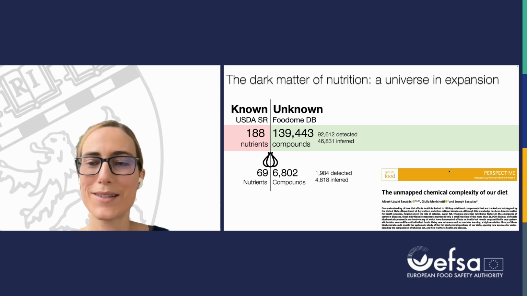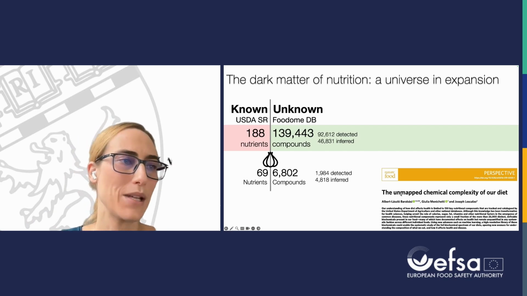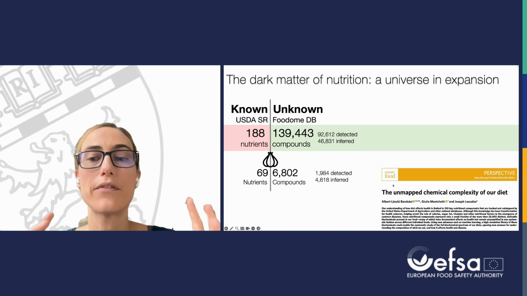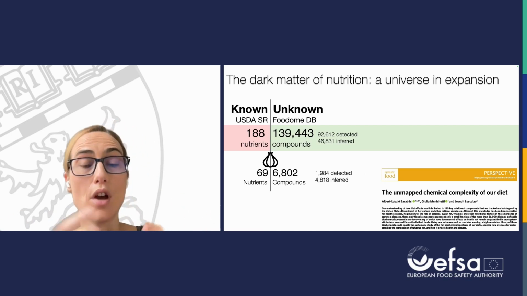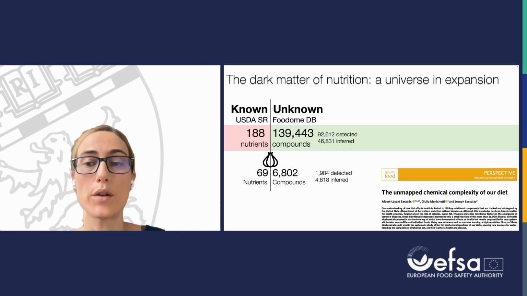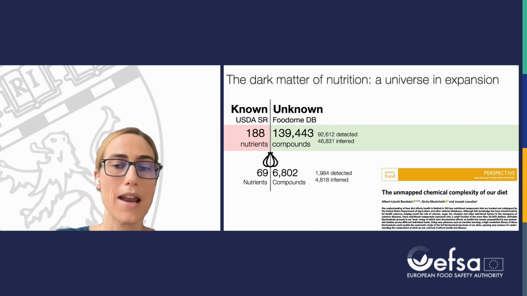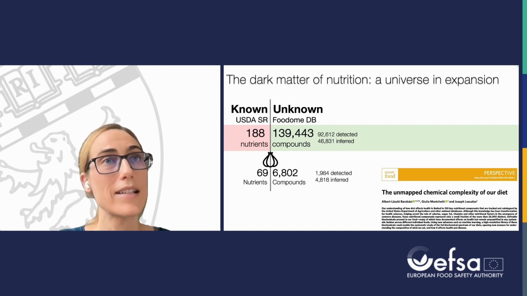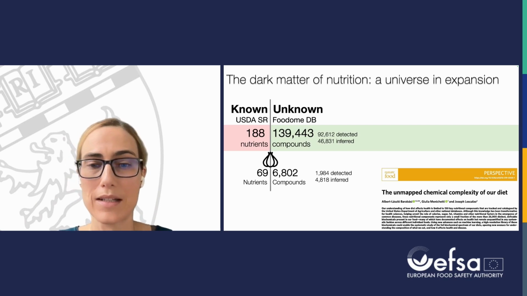We were a bit delusional somehow, and we collected our initial insights in a perspective piece that you see here, where we define for the first time the dark matter of nutrition. And we describe this as basically all the chemicals present in food and largely invisible to epidemiological studies, but also to food composition databases.